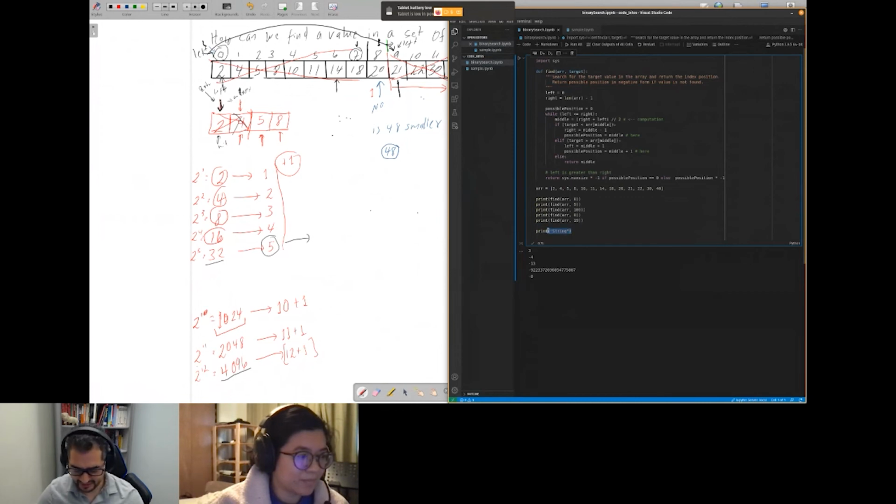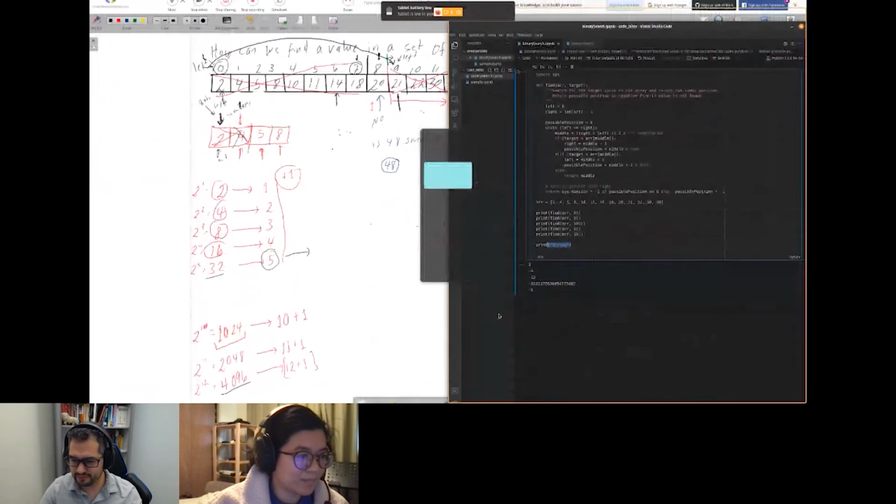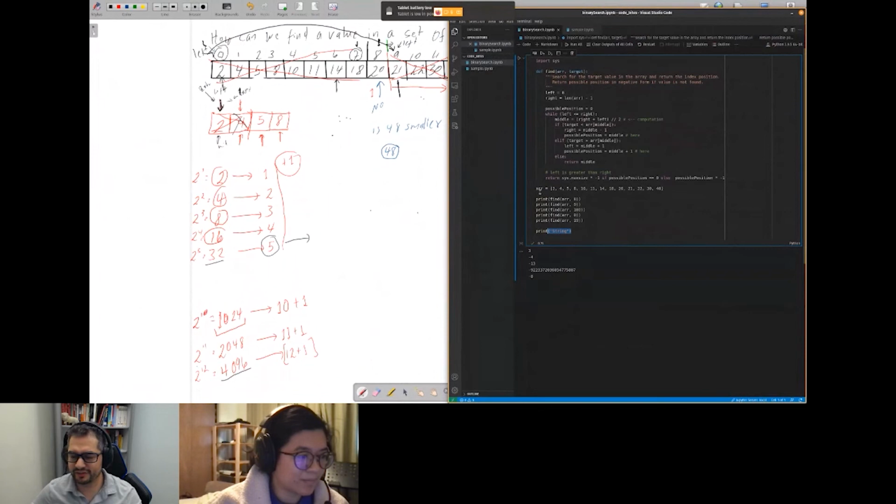Python 3 has some typing. You know how in Python you don't have to declare what type of variable you're using; you just give it a name, and it knows it's a string. So in Python 3, you can declare the type of your variable.